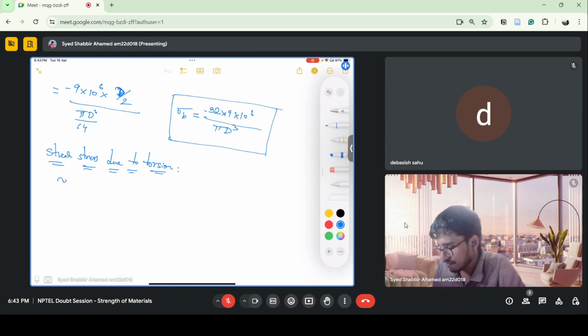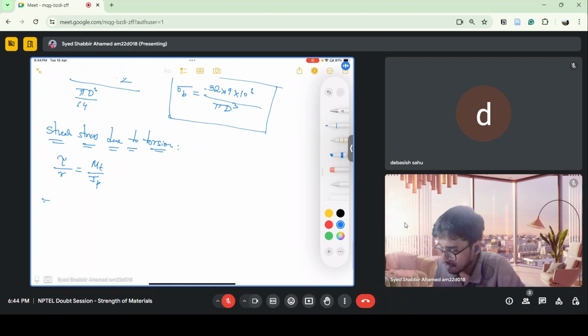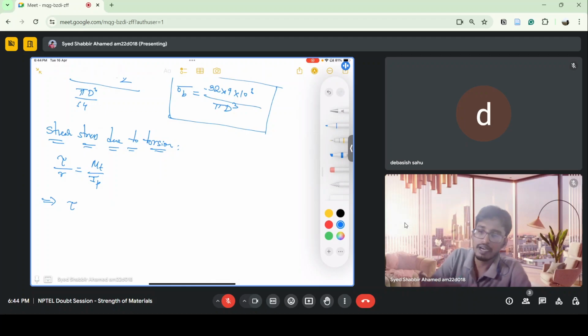We have the formula for torsion, which is tau by r is equal to Mt by Ip, which is the polar moment of inertia. We can also say this as tau r theta.